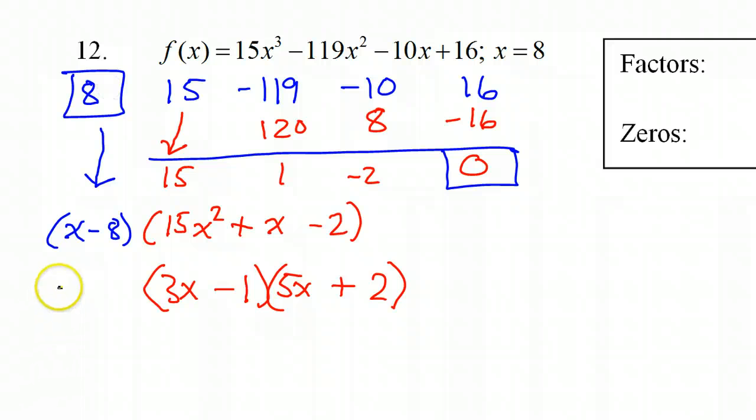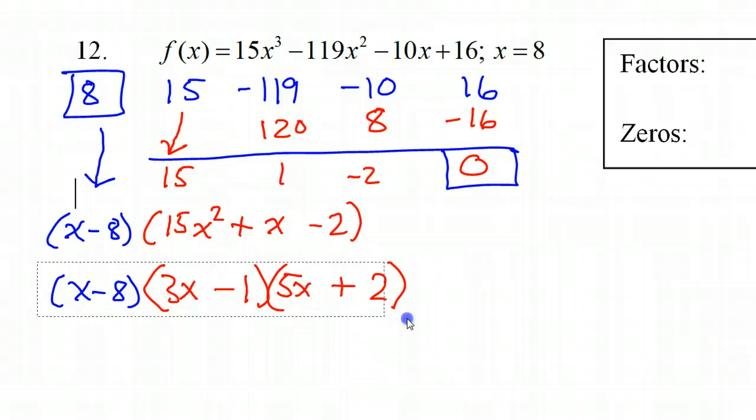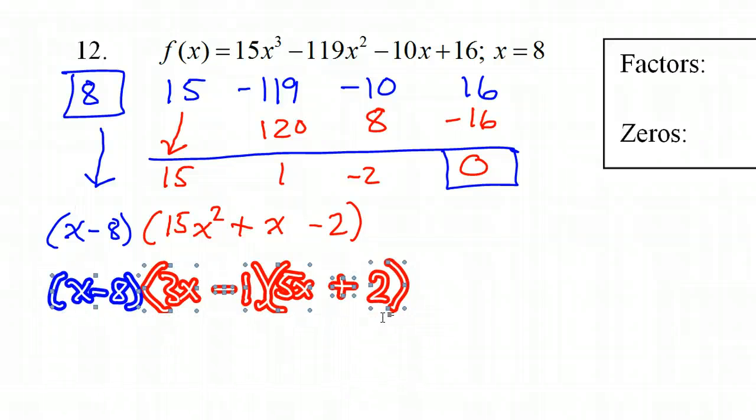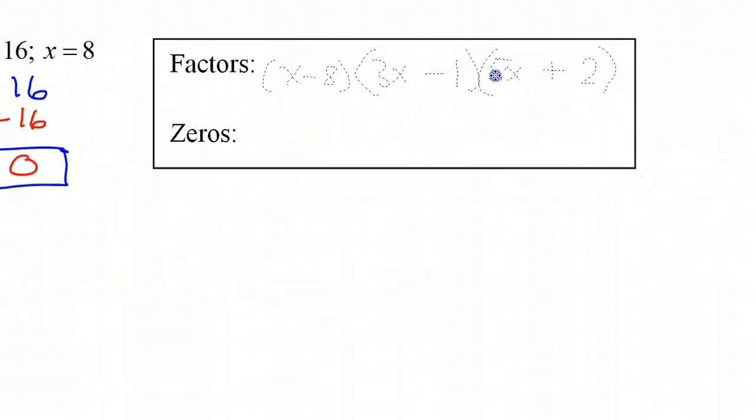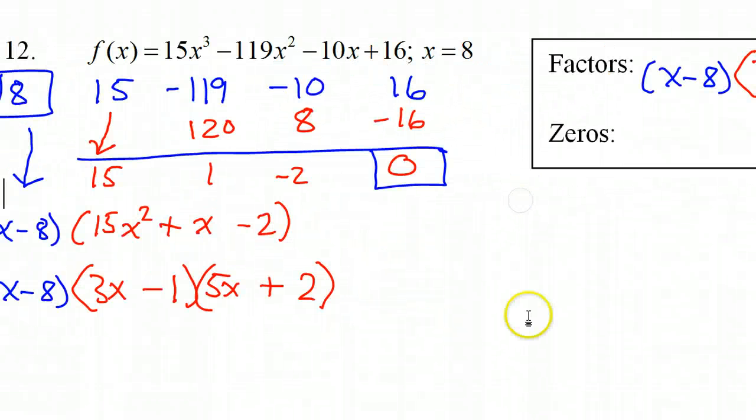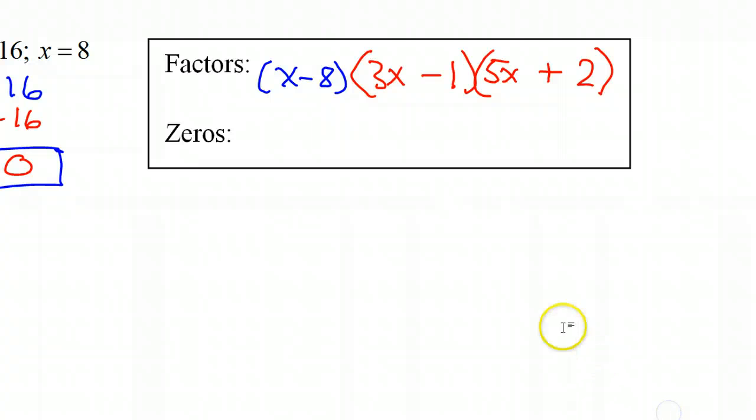Okay, let's just bring down that x minus 8. And this is the factored form. Okay, so there are the factors.